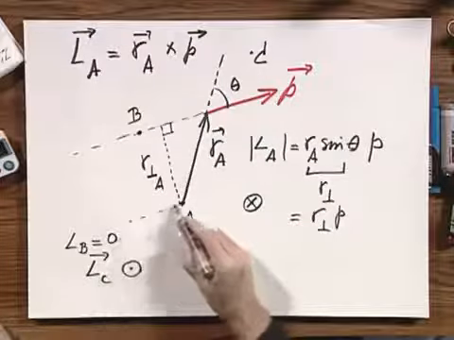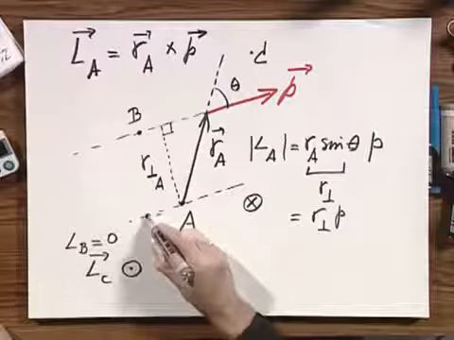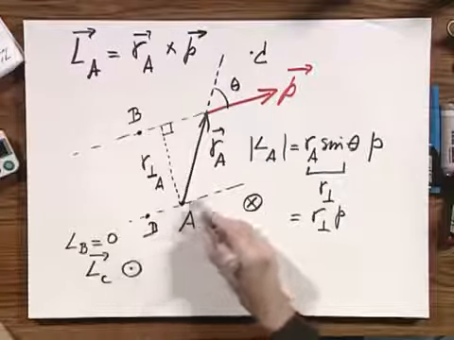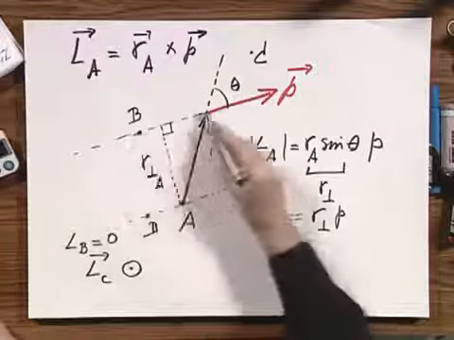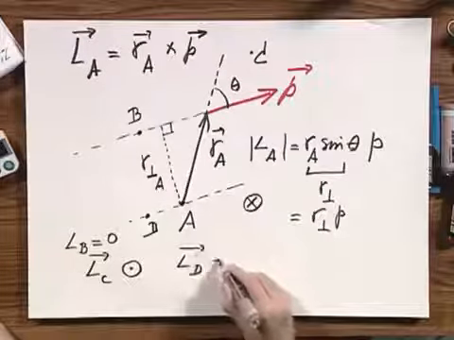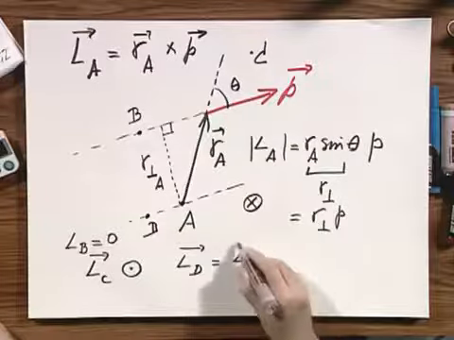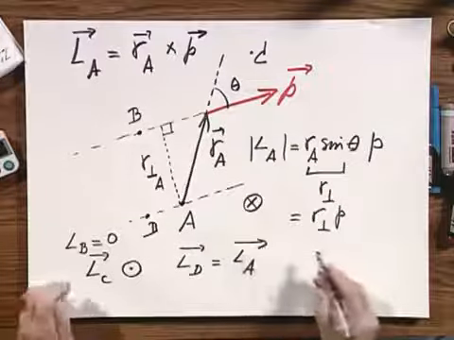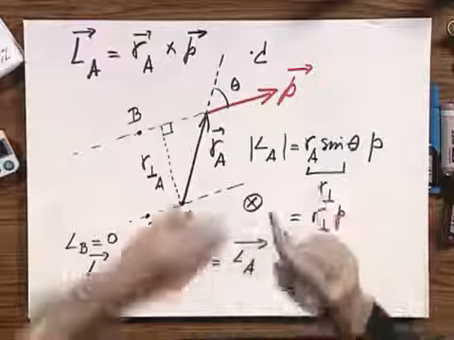Had I chosen any point D on a line through A parallel to the momentum itself, then L of D vectorially is exactly the same as L of A. L must be taken about a point.